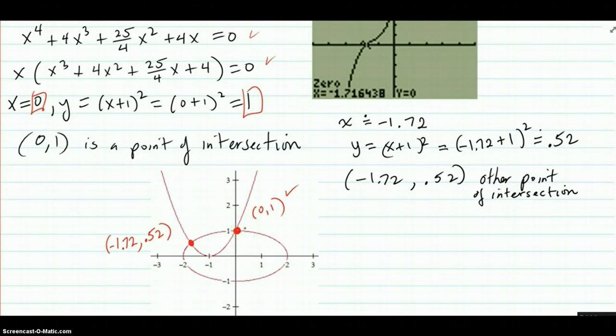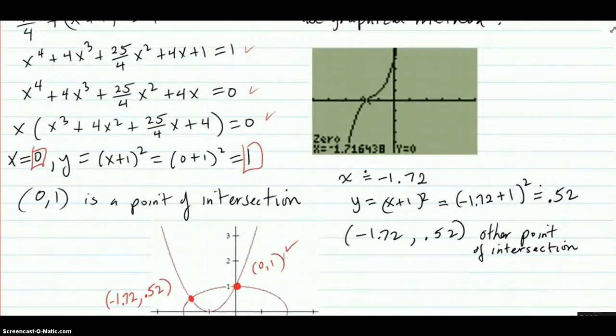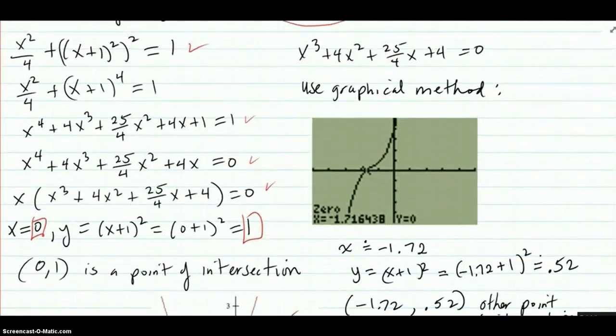Then we try to find the other x where they might intersect. This comes from here. We want to know where that's 0. And so I put this into the TI and did second calc zero technique, and I found this point, which is right here.